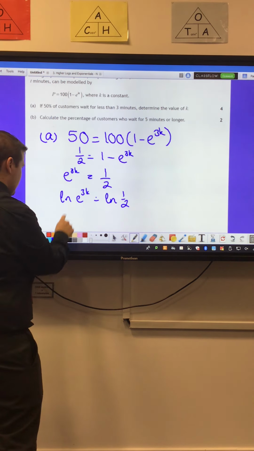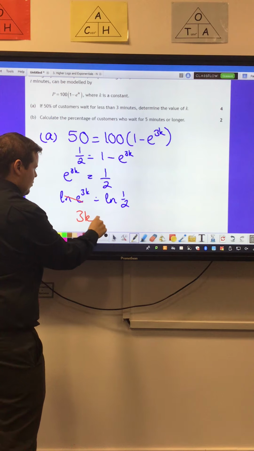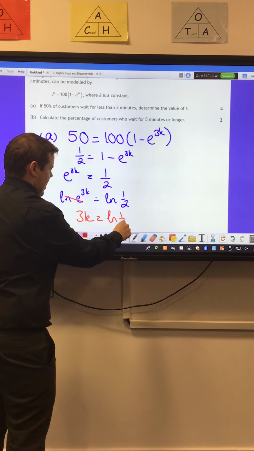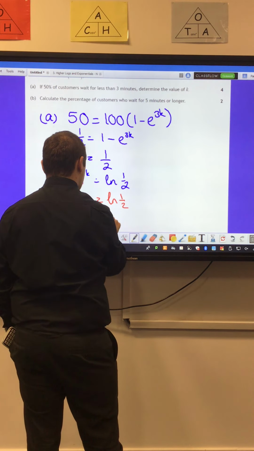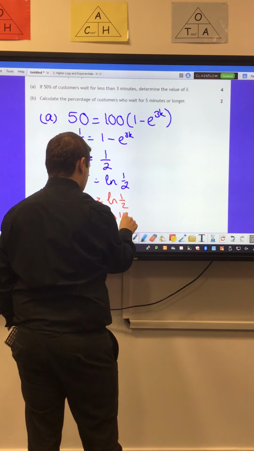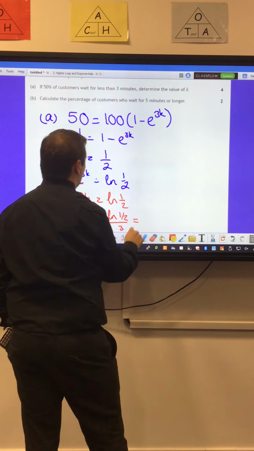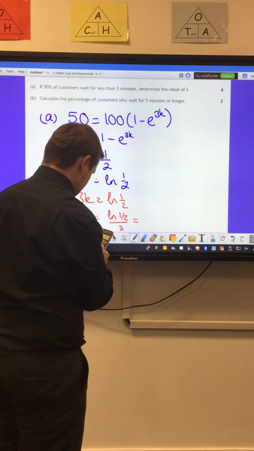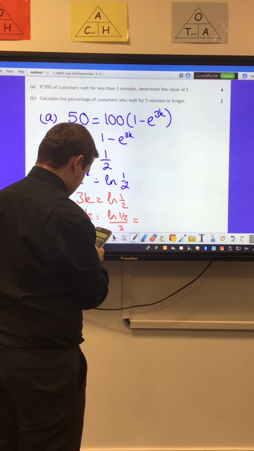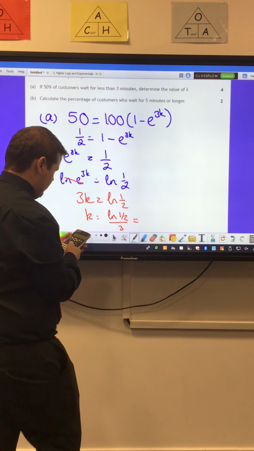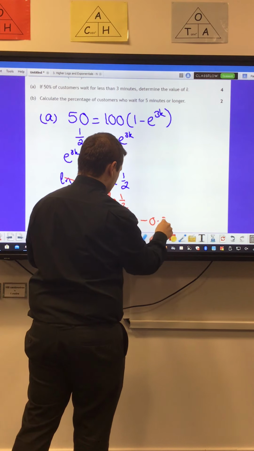I'm going to cancel them out, so it's 3K equals ln of a half. That means that K is ln of a half all over 3, which in the calculator gives me an answer of negative 0.23.